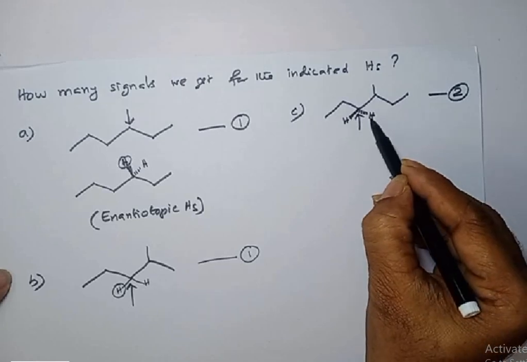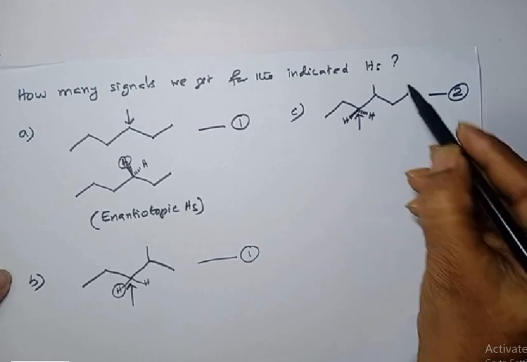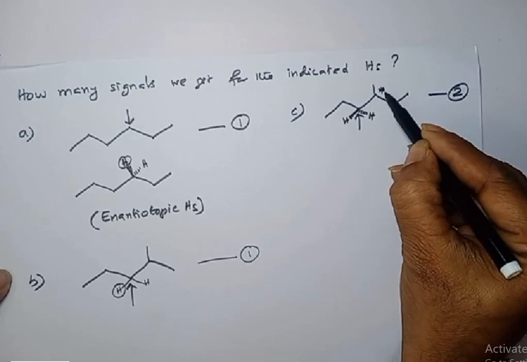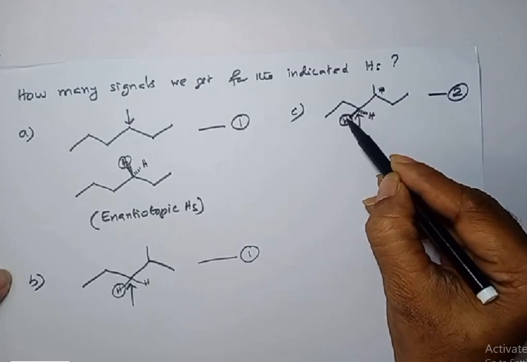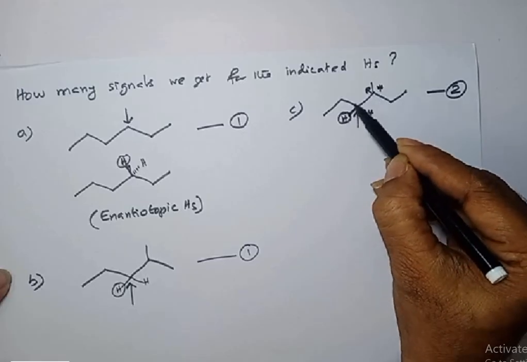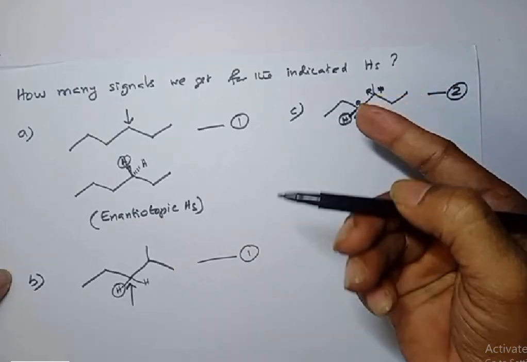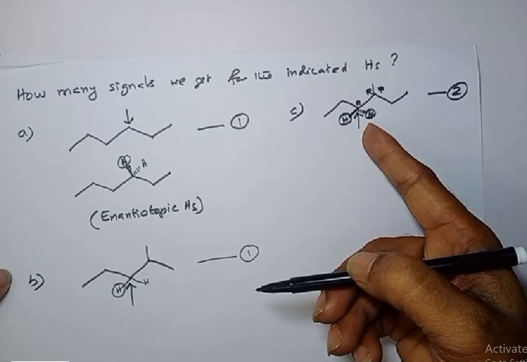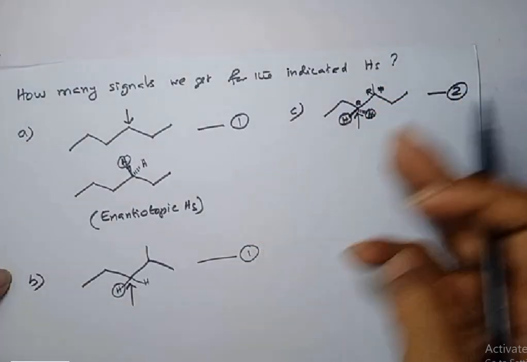If you replace this hydrogen by chlorine, you get a chiral carbon, no doubt. And the adjacent carbon is already chiral. So suppose this is R. If I replace this hydrogen, one will give the RR isomer. The other hydrogen on replacement will give the RS isomer. RR, RS.